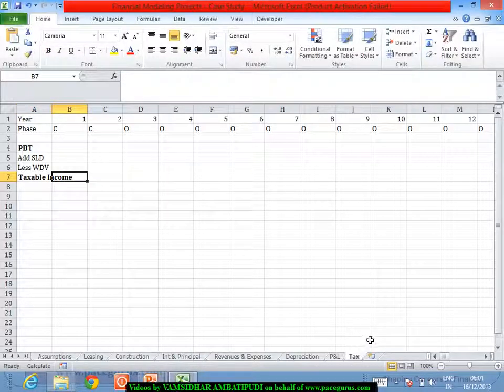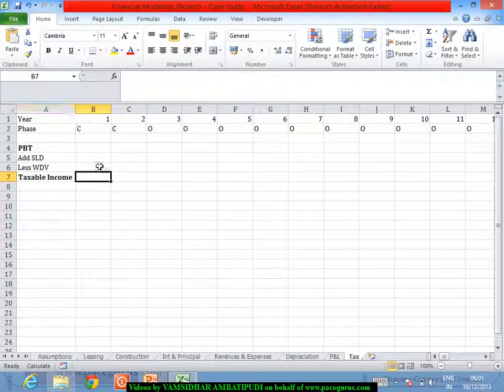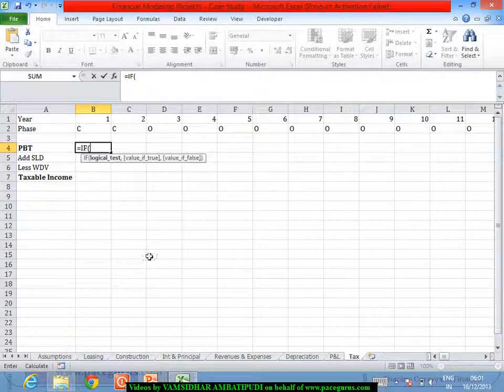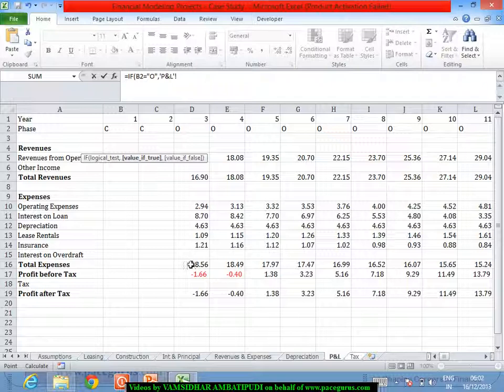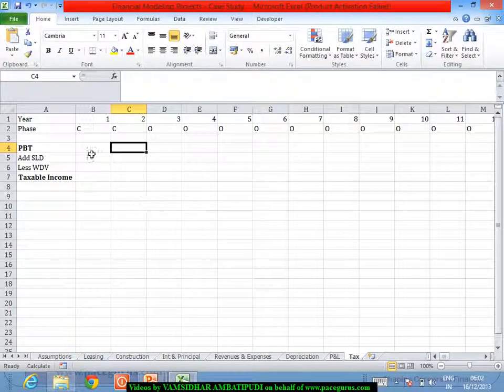Based on that we will think of computing the tax rate. Alright. So if this is equal to O, then I am bringing in the PBT from this particular period. Otherwise, I am leaving this as blank. So this part is clear for me.